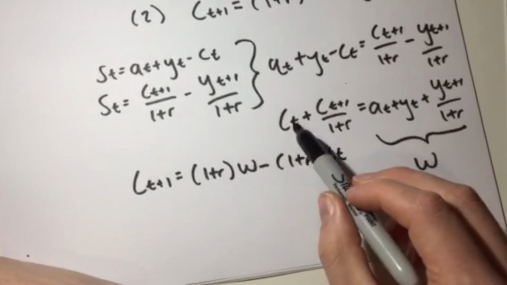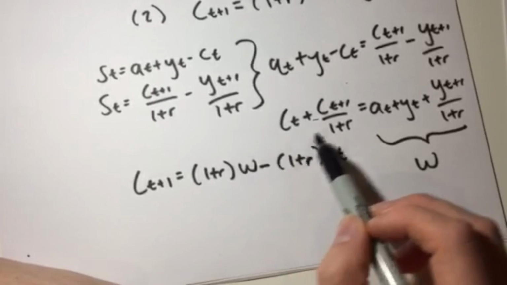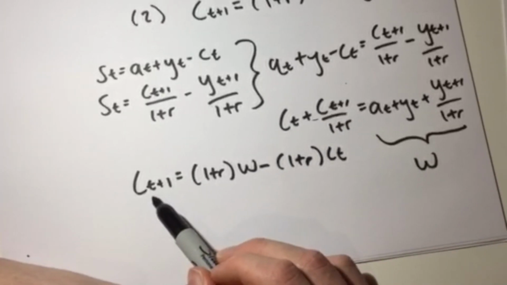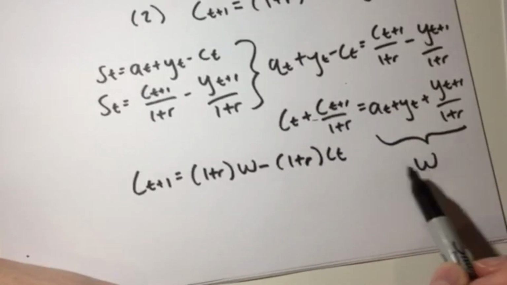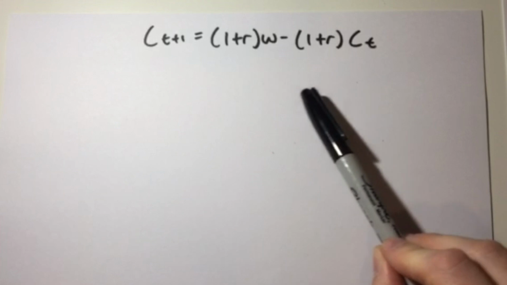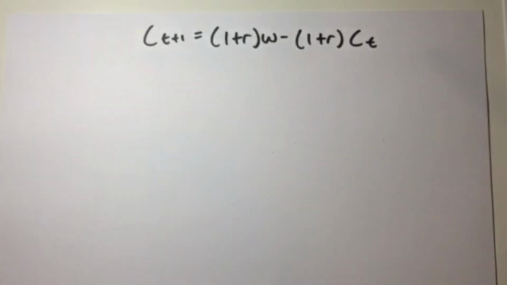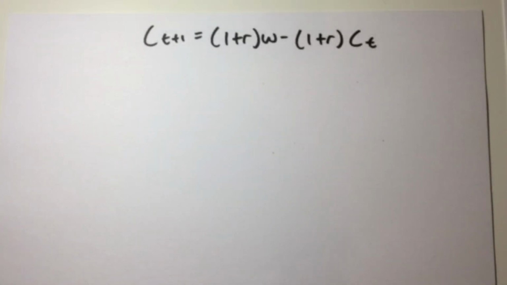That is just rearranging this equaling W here. We've multiplied by 1 plus r so that we can get C_{t+1} by itself, and we've taken the C_t over to the other side. So this is our lifetime budget constraint that we derived using the simple algebra that we just did.